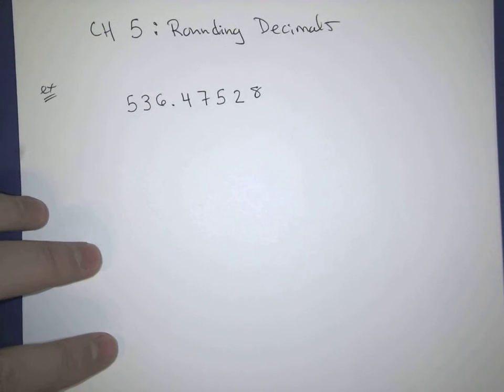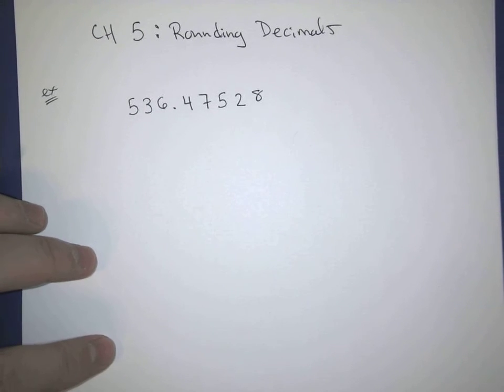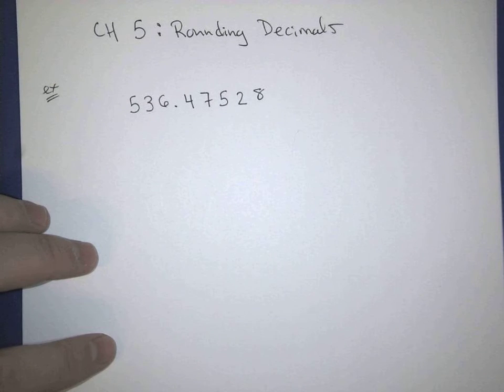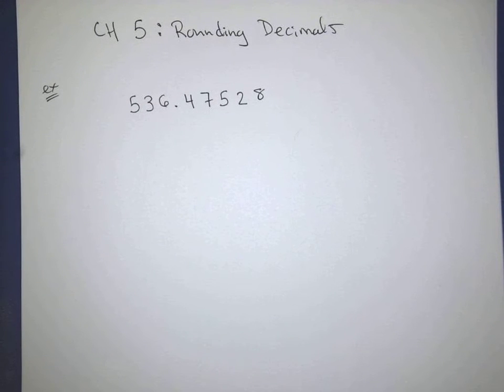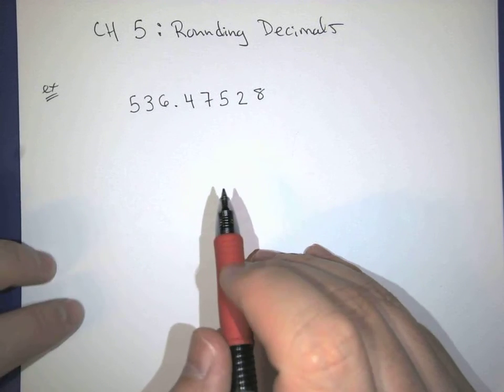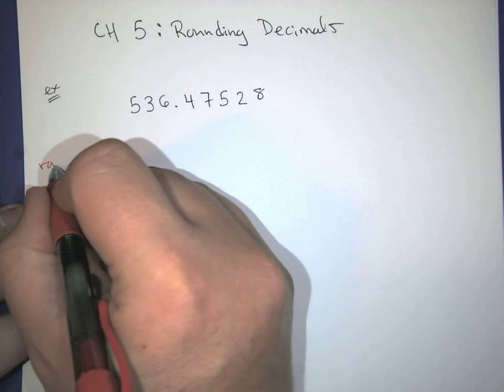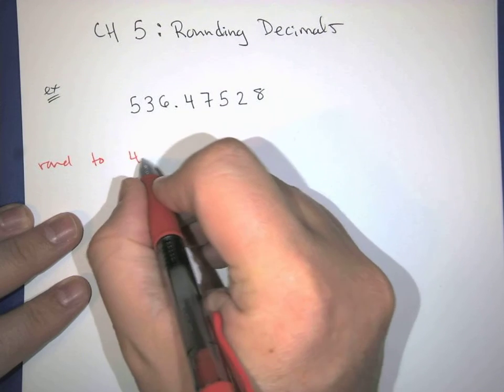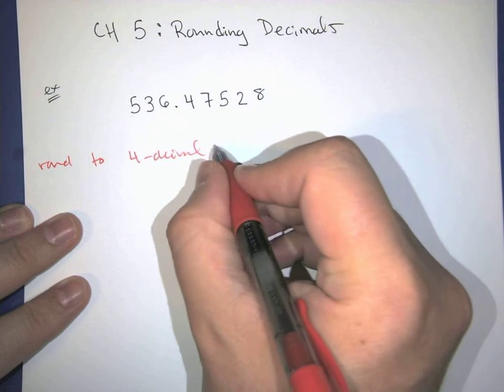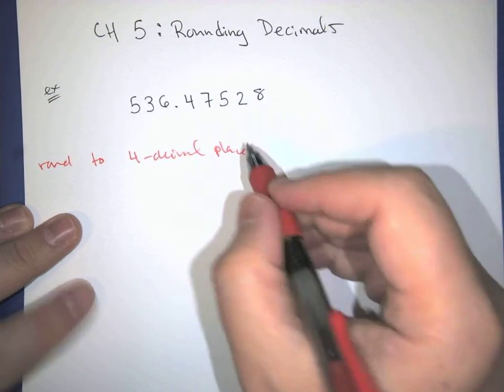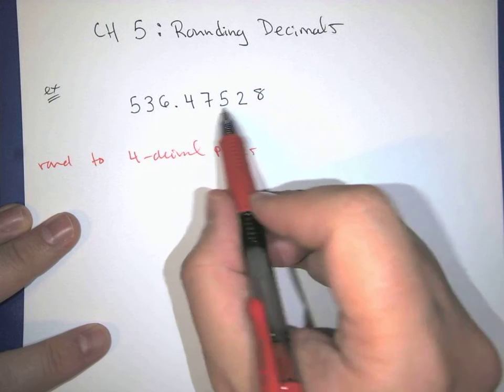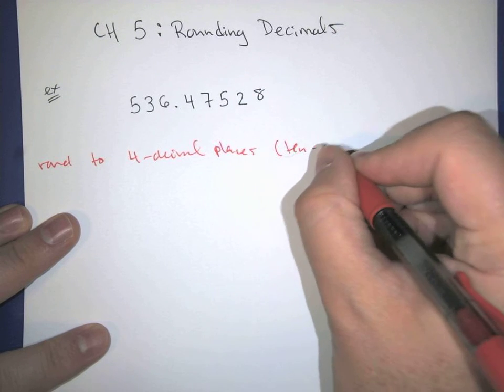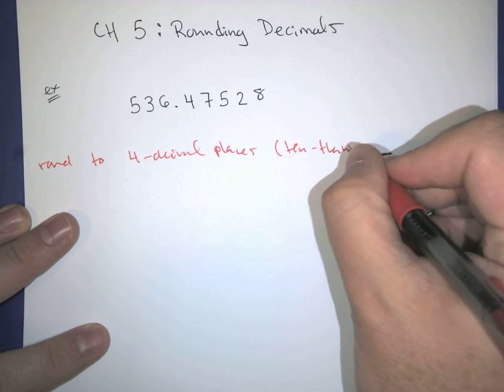This is 5 digits deep in the decimal point. Maybe we would like to round this off. We'll work our way maybe from right to left. So this is 5 digits. Let's round to 4 decimal places. The 4th decimal place, of course, right? Tenths, hundredths, thousandths. That's going to be ten-thousandths.